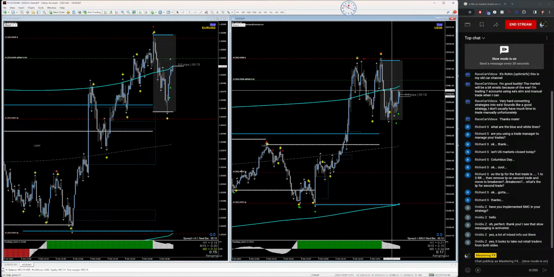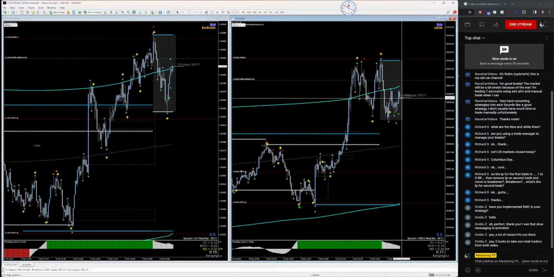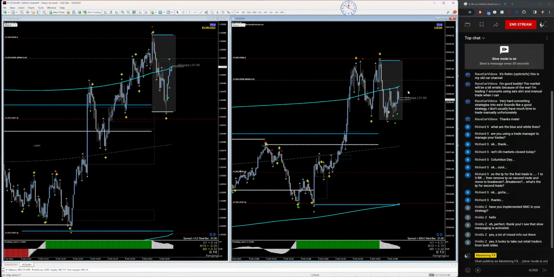So we have fairly equal highs here. Price might just move down here a little bit, make it look like a resistance. Retail traders jump in to sell, and then it takes it up into that fair value gap, takes the liquidity above those highs, taps into the fair value gap and goes down. So that's how I understand it.